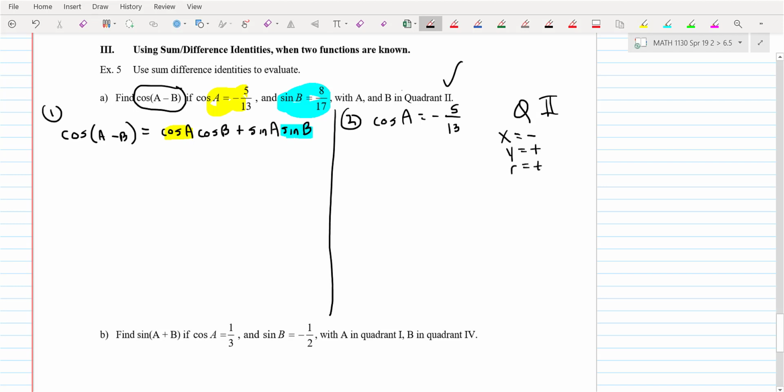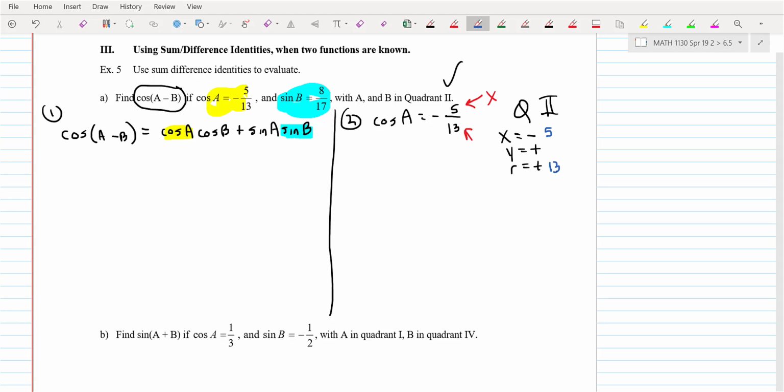Okay, so we've seen this kind of situation a lot. So the definition of a cosine is it's x over r. So that means in this problem, x would be negative 5, r would be 13. Okay, like that. All right. How do you find y? You either know it or you do what?